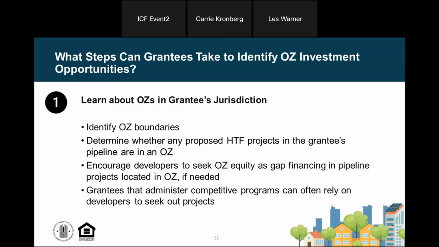If there are planned potential trust fund projects within the boundaries of an opportunity zone, then the grantee may want to encourage developers to seek opportunity zone equity as an additional source of gap financing. It is important to note, though, that in many cases housing developers lead that effort too. They're looking everywhere for affordable housing sites and funding, and so they would probably be aware of opportunity zone investment opportunities.